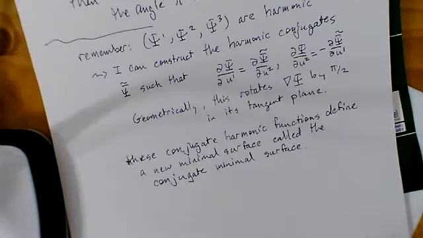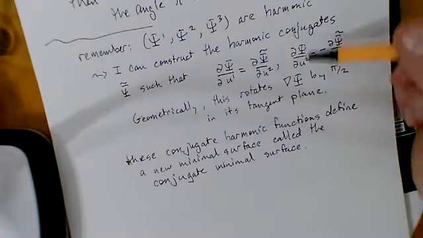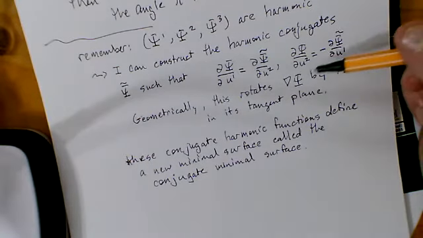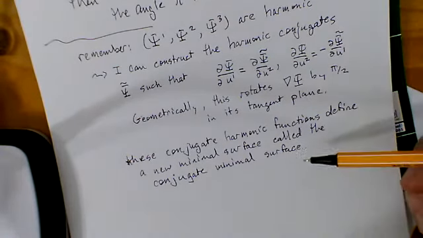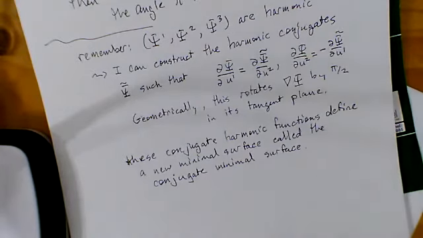Okay, and as always, the conjugate harmonic functions are well-defined up to adding a constant, which means that the conjugate minimal surface is well-defined up to a translation. So there's always this ambiguity of translating back and forth.